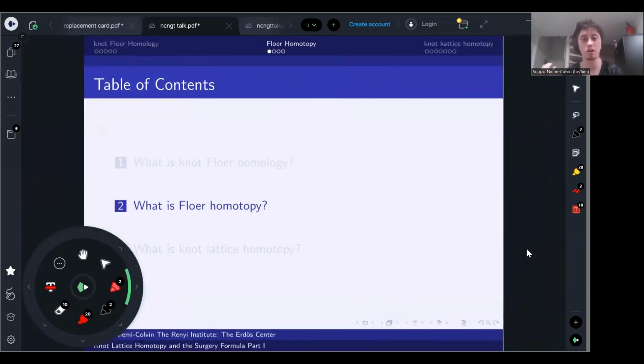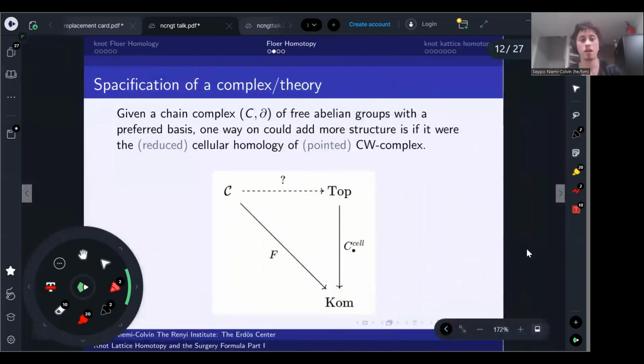So now let's move on to talk about Floer homotopy. Given a chain complex of free abelian groups, we'll come back to U later, and we'll assume it has a preferred basis, which our constructions for chain complexes do have. One way we could add more structure is if it were the cellular homology of a CW complex.